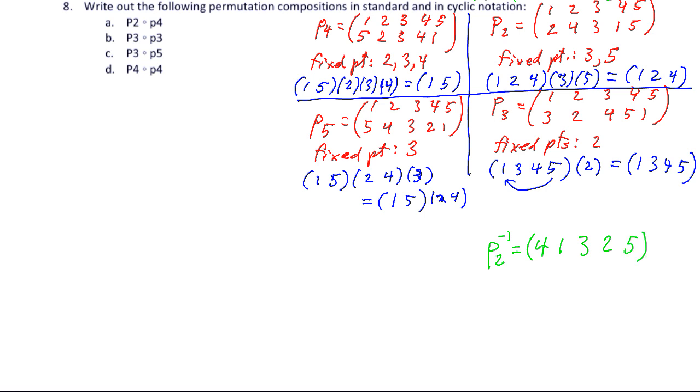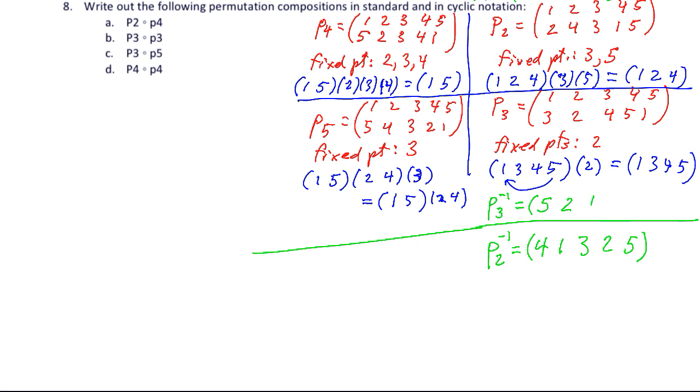P3 inverse, I'll write right here, and hopefully you're getting the hang of it. Going upwards now: 1 to 5, 2 to 2, 3 to 1, 4 to 3, and 5 to 4.